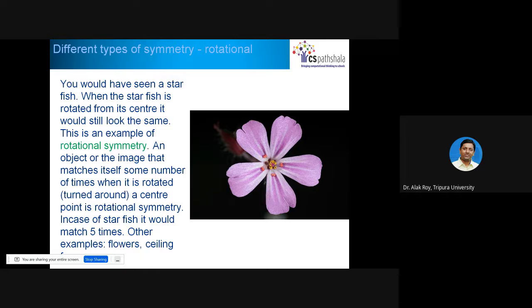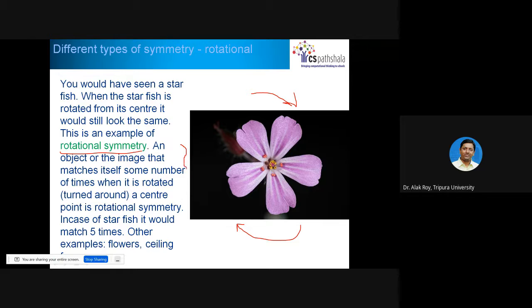Let's take another example, rotational symmetry. You can understand this term easily with a flower. If you observe the flower and rotate it from left to right, clockwise or anti-clockwise, after rotation it will look the same every time.